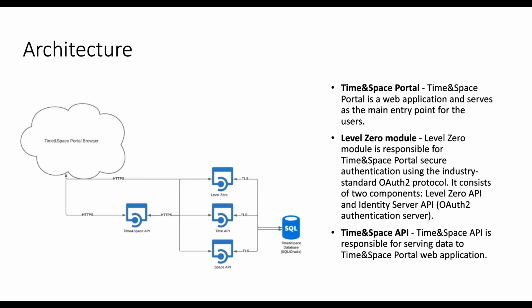The module itself can be divided into three separate parts. The first part is called the Time and Space Portal. This is the web application and serves as an entry point for the end users, so like a graphical part of the module.